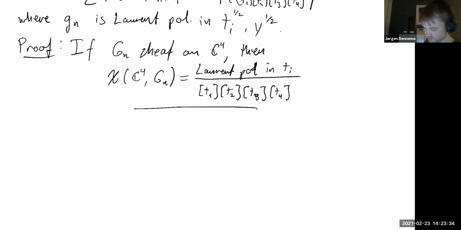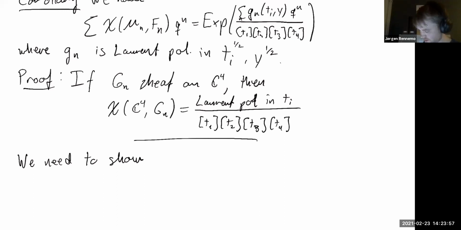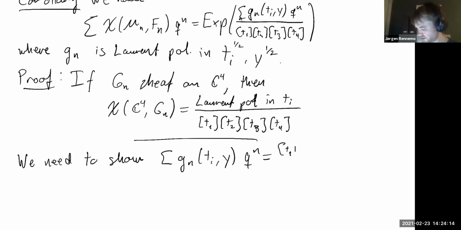So let me just quickly sketch what goes into proving this. To prove the formula, we need to show that this thing is equal to the specific formula we wanted to check.